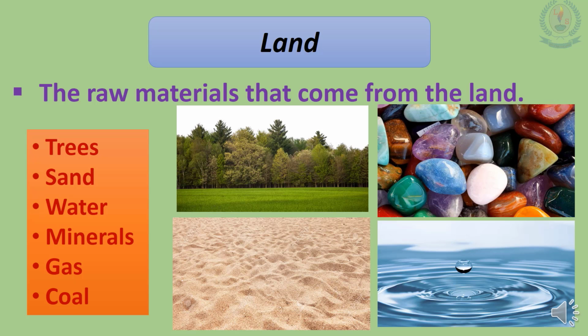In economics, land means all the natural resources that are available. On the surface of the earth, we can see soil and agricultural land.